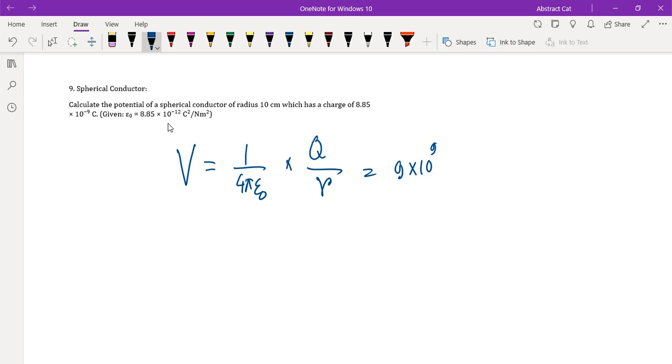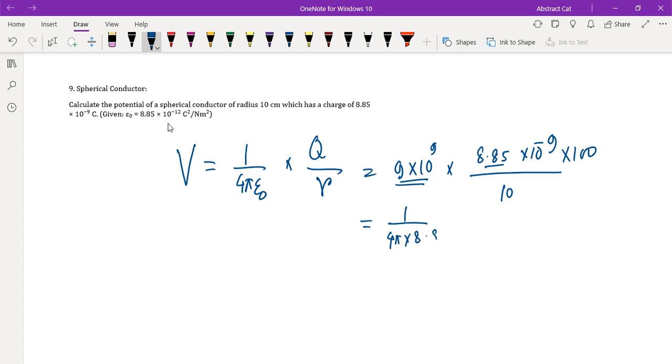Okay, you know that, and the charge is 8.85 into 10 to the power minus 9. 10 centimeter means 10 by 100 meter. If I replace the given data, it is very easy. It is 4 pi into 8.85 into 10 to the power minus 12.